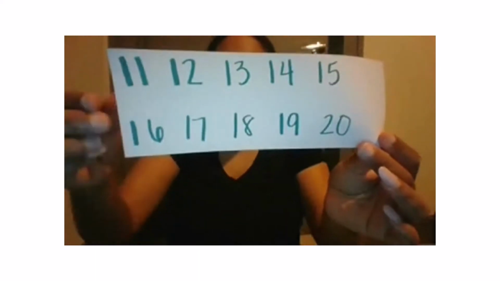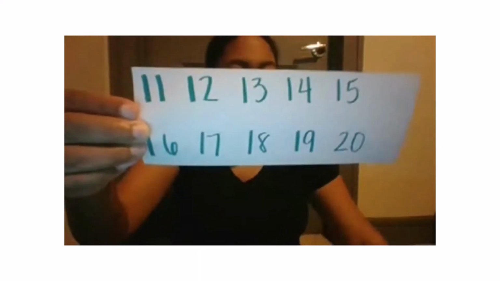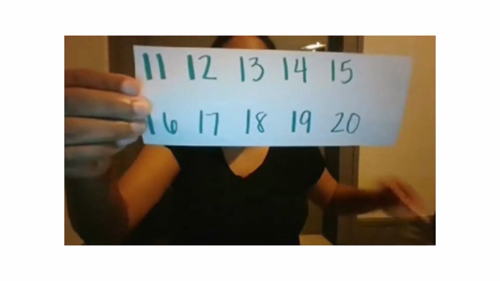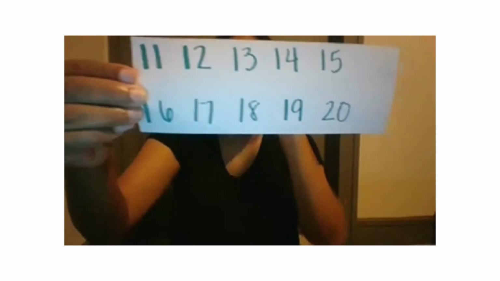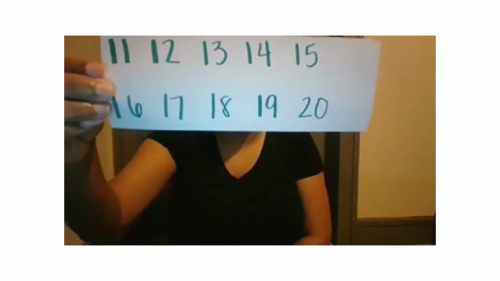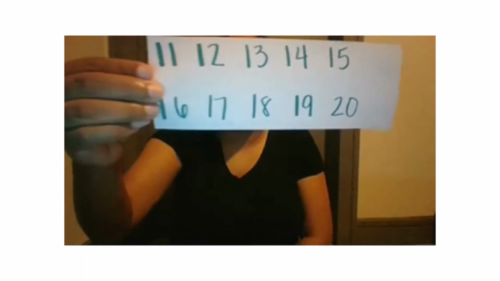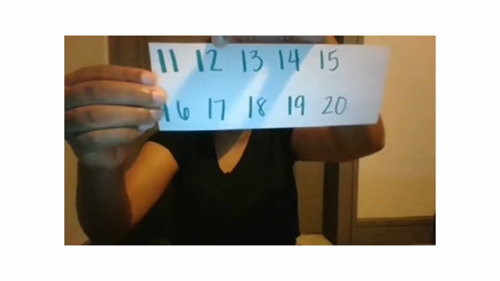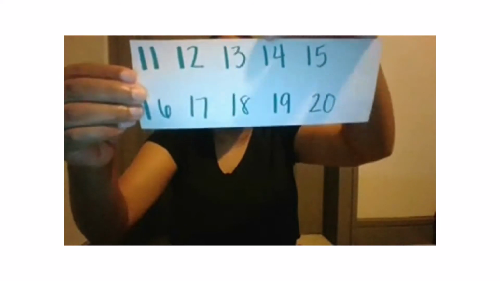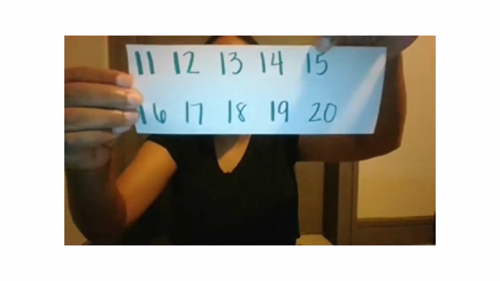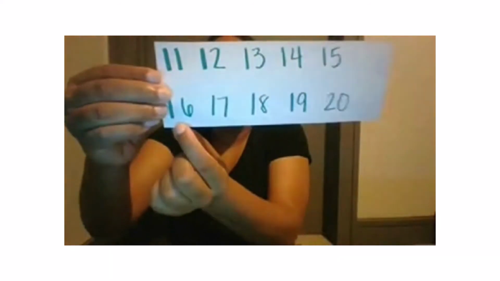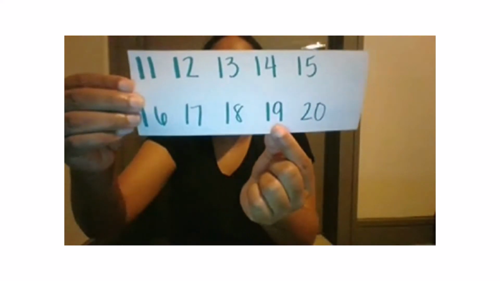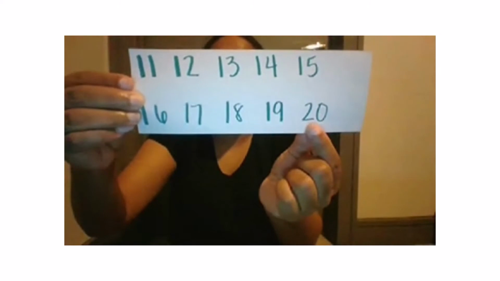Great job. Let's do that one again. 11, 12, 13, 14, 15, 16, 17, 18, 19, 20. Great job. Now let's do it the say 10 way. Go. 10, 1, 10, 2, 10, 3, 10, 4, 10, 5, 10, 6, 10, 7, 10, 8, 10, 9, 2 10s.